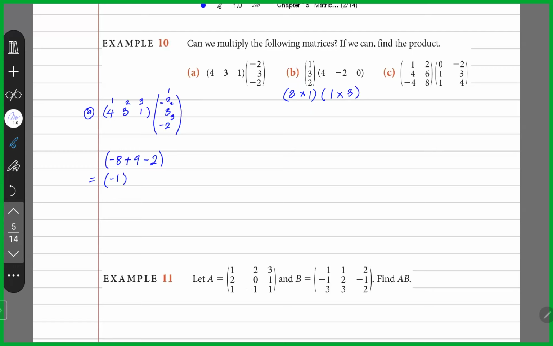The fact that the number of columns in the first matrix is equal to the number of rows in the second matrix makes them conformable. So they are conformable for multiplication. The next thing we are going to do is multiply them to determine the matrix product.